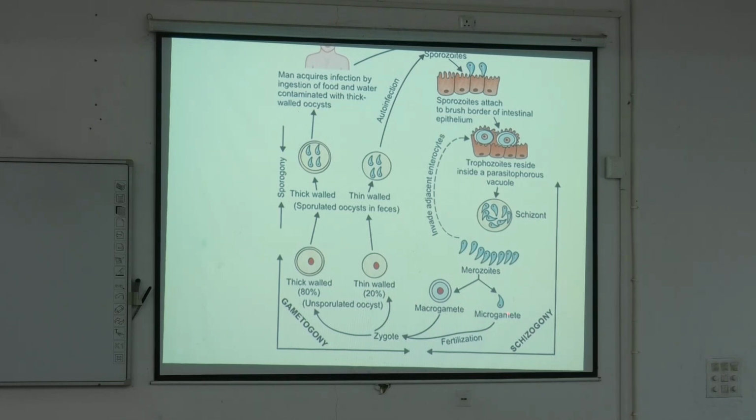These are the macrogamete and microgamete, which fertilize and then pass out through the feces. This is a very simple life cycle.